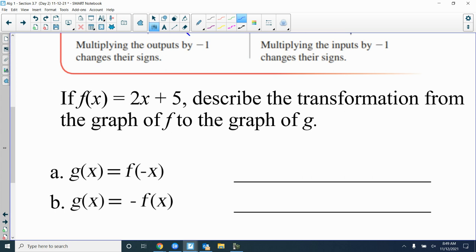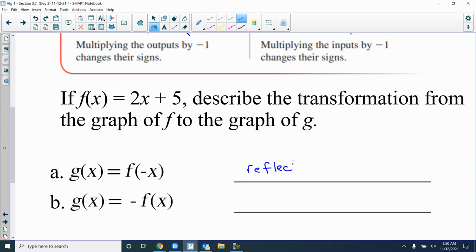If f of x equals 2x plus 5, describe the transformation from f to g. So I say g equals f of negative x. What would you say happens? Reflects over which axis? You can use that. Lucas? It's going to reflect over the y-axis. Okay, good.